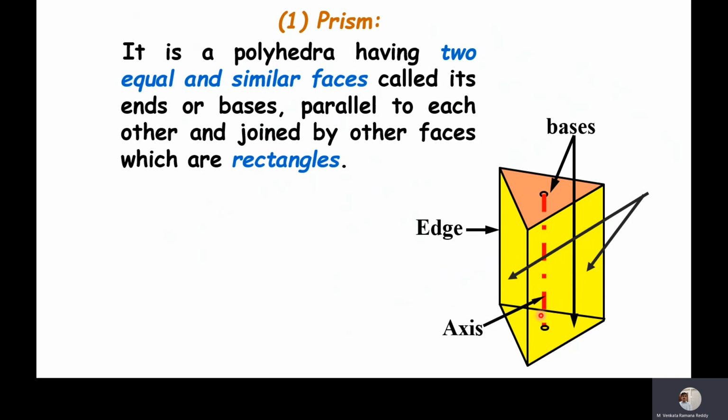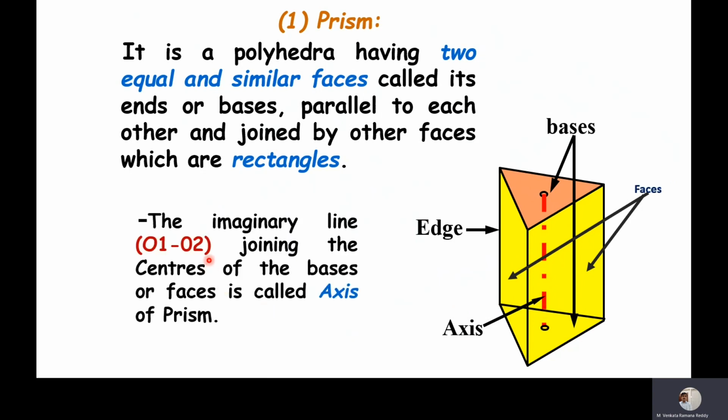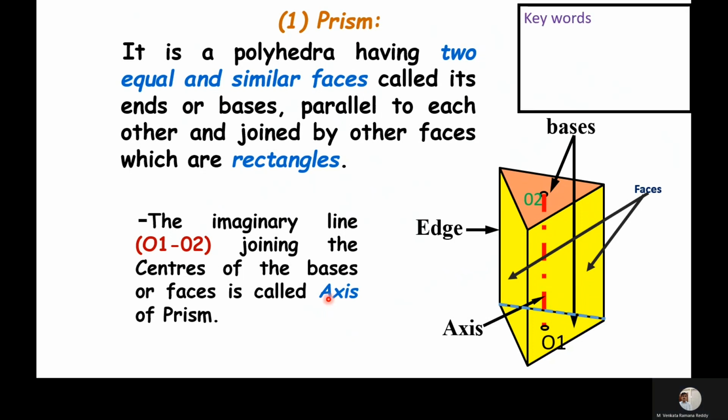Axis is nothing but the imaginary line joining the centers of the bases of a prism. O1, O2 is the axis.